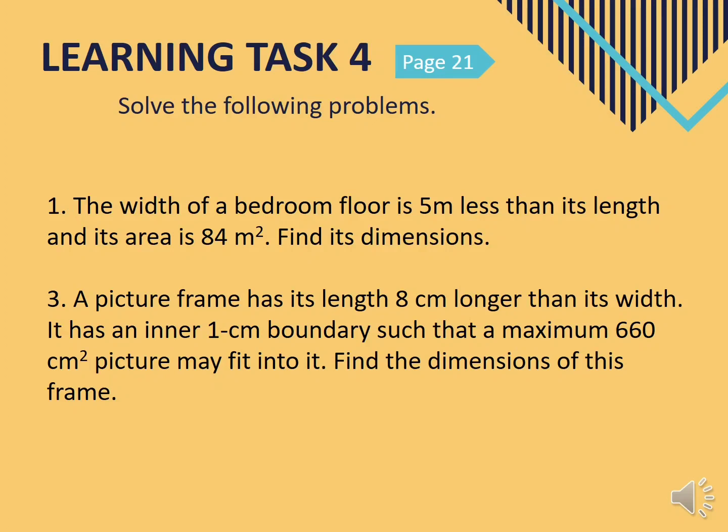Find its dimensions. And for our second problem, item number 3, a picture frame has its length 8 cm longer than its width. It has an inner 1 cm boundary such that a maximum of 660 square centimeters picture may fit into it. Find the dimensions of this frame.